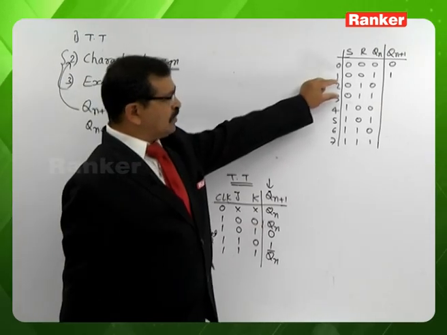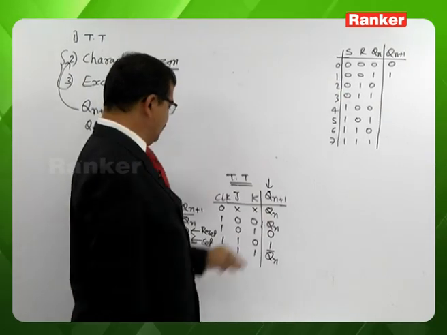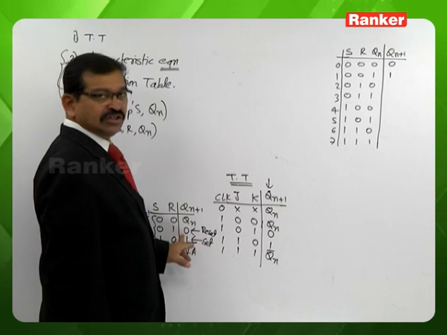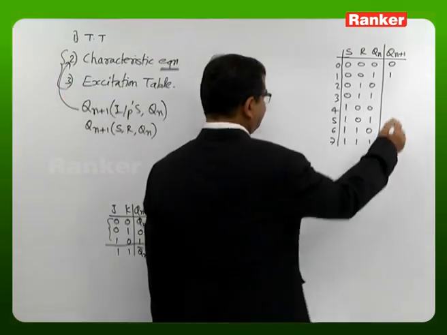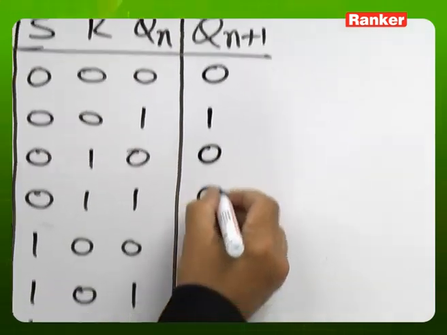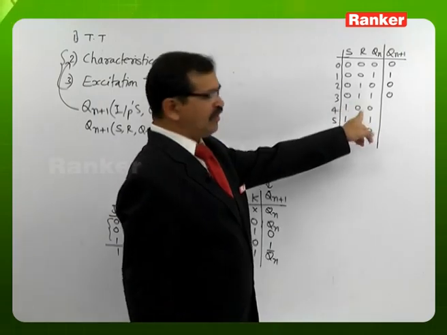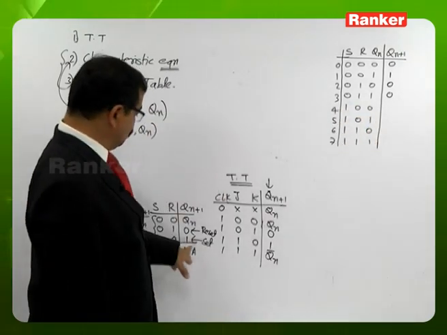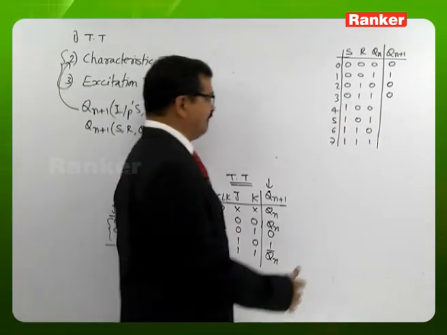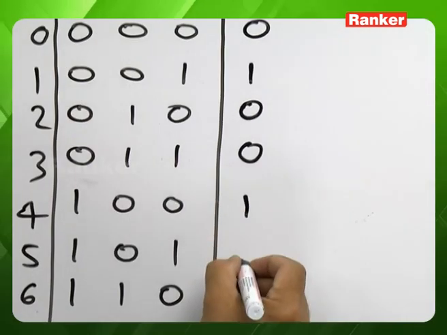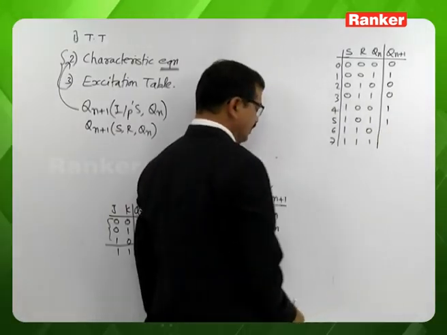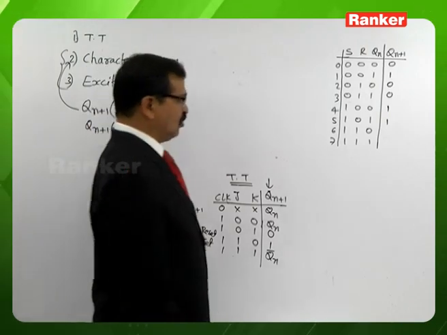For the next two rows, S is 0, R is 1. Whenever S is 0, R is 1, the next state is 0. For the next two rows, S is 1, R is 0. Whenever S is 1, R is 0, the next state is 1. Hence, the previous state may be anything, the next state is 1. And of course, 1, 1 is not allowed.